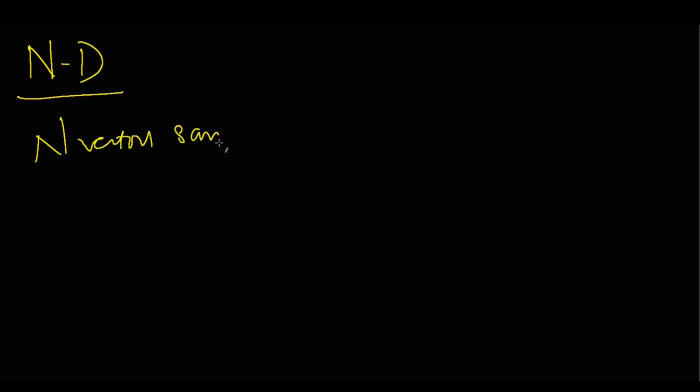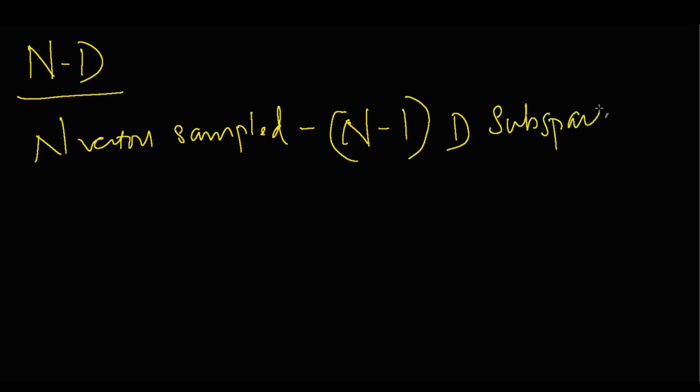We can extend this to n dimensions. In n dimensions, if we sample n vectors, then we can ask what is the probability that these vectors lie in an n-1 dimensional subspace.